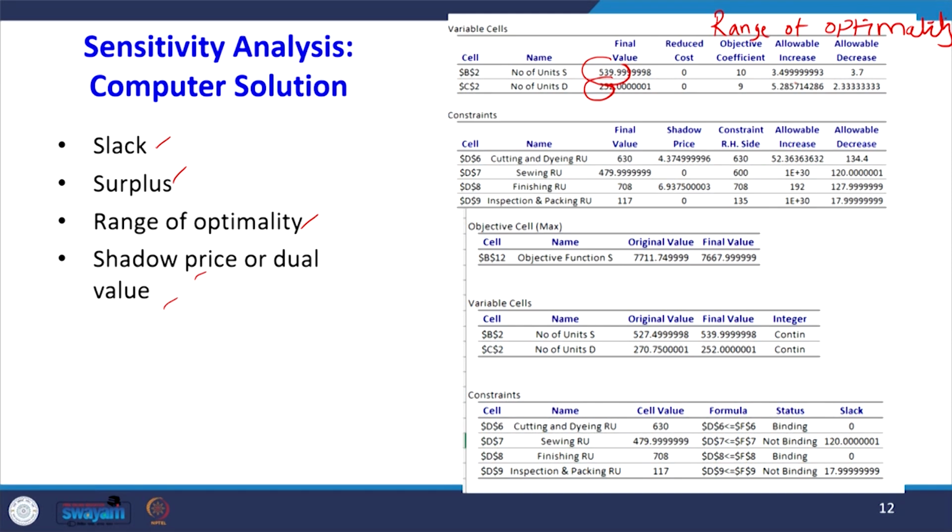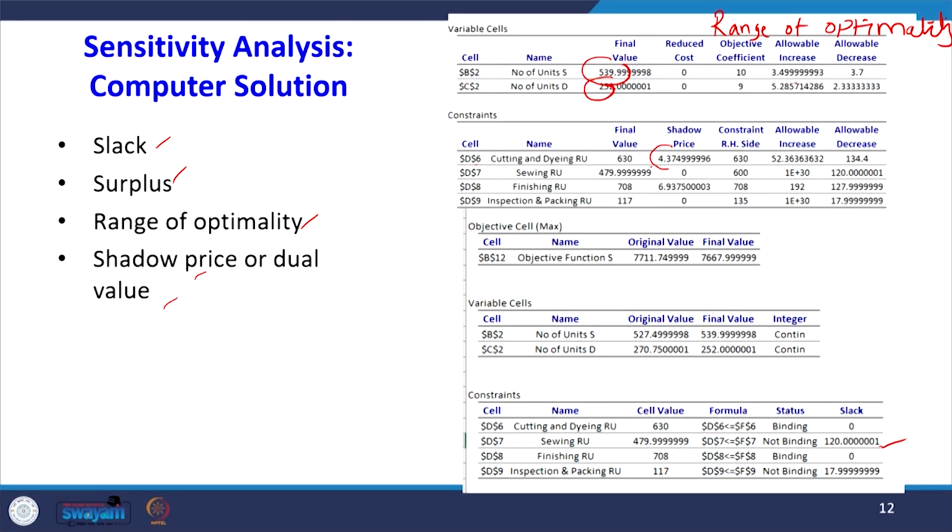Second, you see that there is a shadow price. What is a shadow price? For this constraint, cutting and dyeing, if the right hand side is increased by 1 unit, your objective function value will increase by 4.37. You see that this is a binding constraint, cutting and dyeing. But see the second constraint, sieving constraint. Already there is a slack. I will come back to this later.